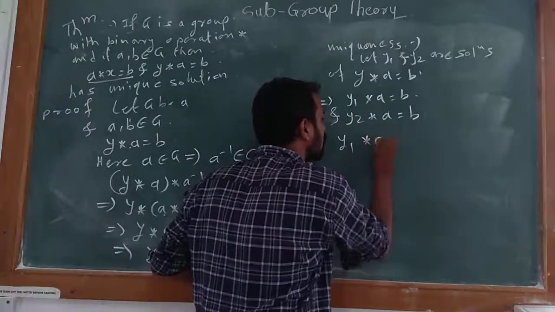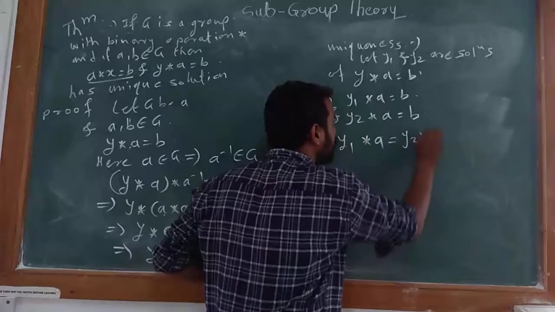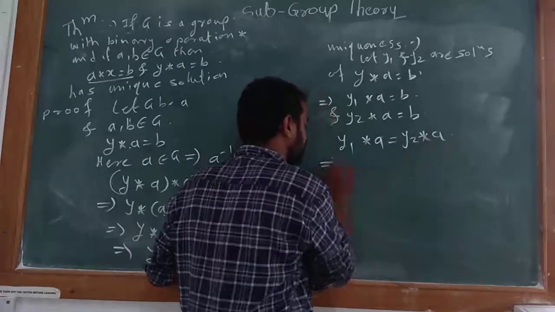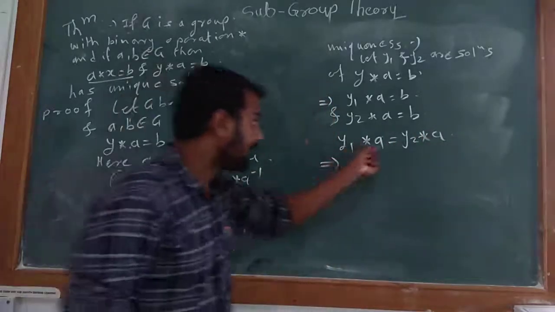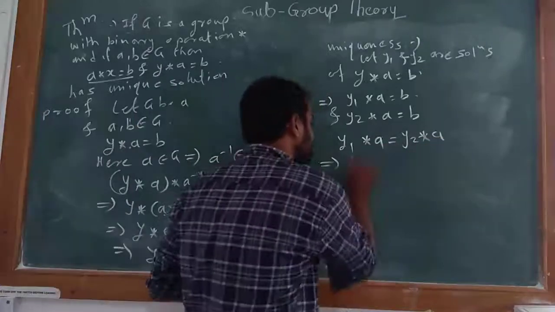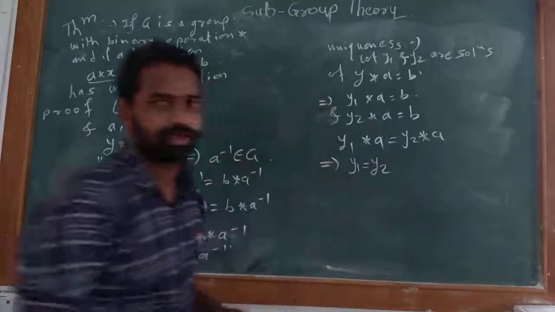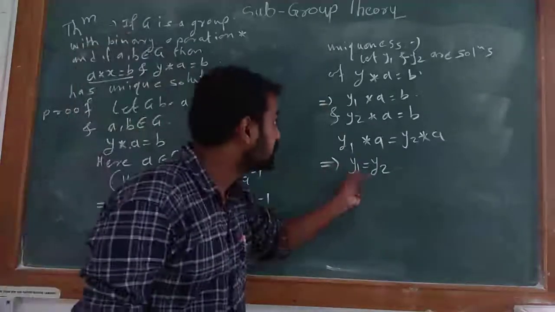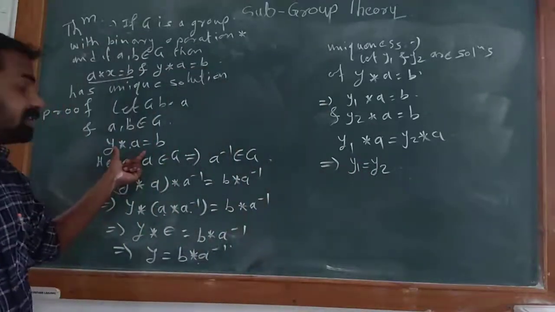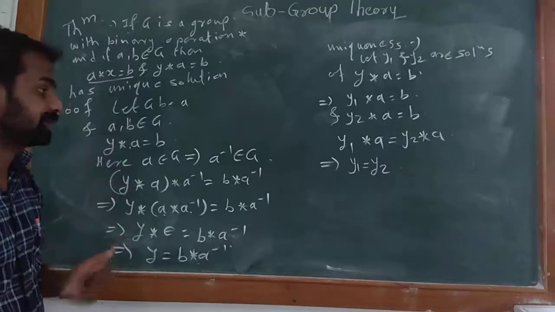Therefore, y1 star A is equal to y2 star A. By right cancellation, A gets cancelled and we get y1 is equal to y2. Therefore, the solution of y star A is equal to B is unique.